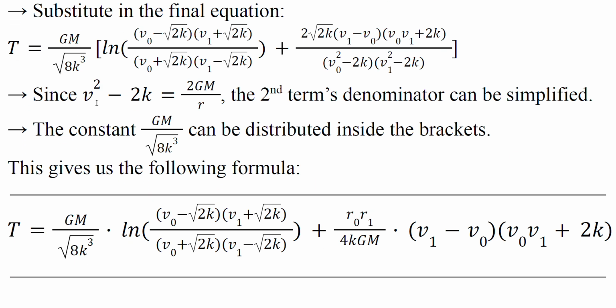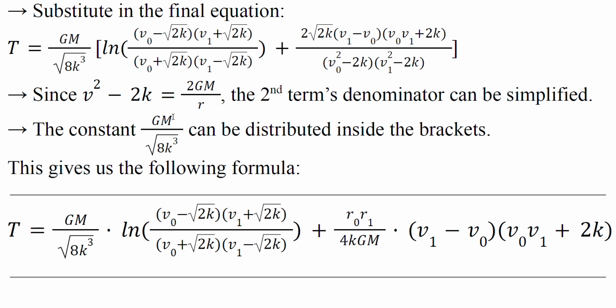So now we know that v squared minus 2k is equal to 2GM by r. We just multiplied the original equation by 2 on both sides. By the way, this is the square of the escape velocity, just so you know. And the second term's denominator can be simplified, like I said.